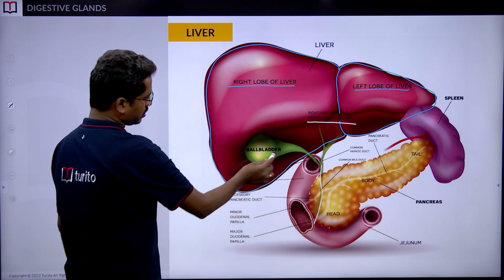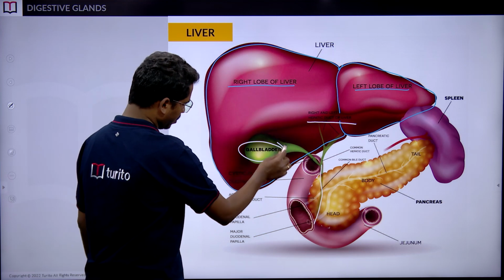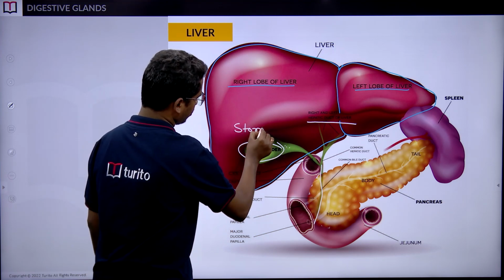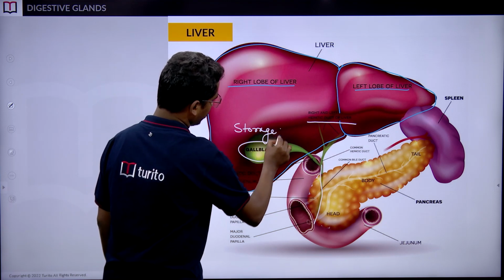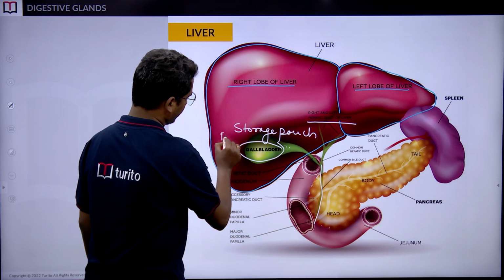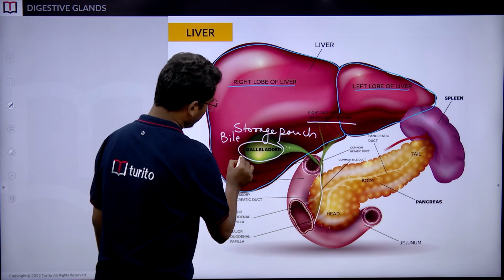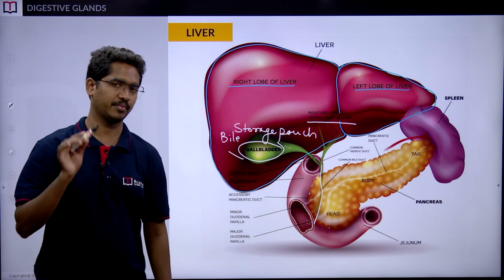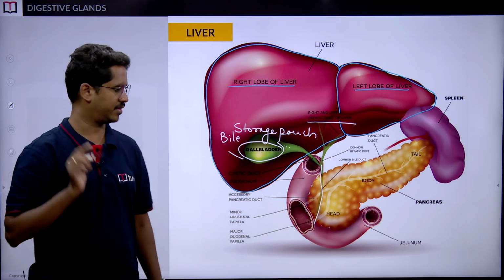Okay. Now, there is a gallbladder. This gallbladder acts as a storage pouch for bile, it needs that.